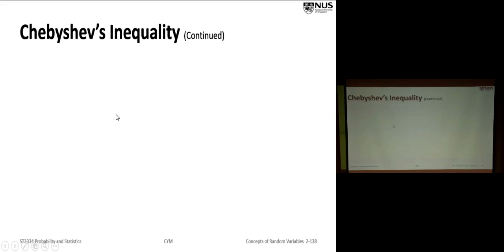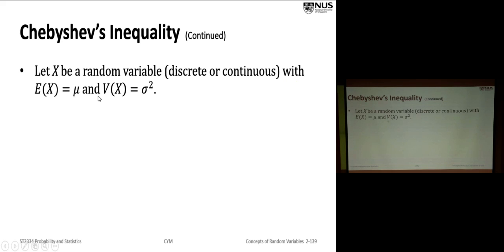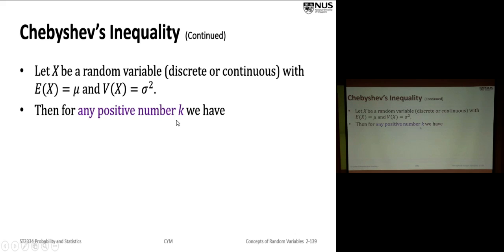This is the result. Given the expectation of x equals mu and the variance of x equals sigma squared, then for any positive number k, consider the chance that x falls k sigma or more away from mu.